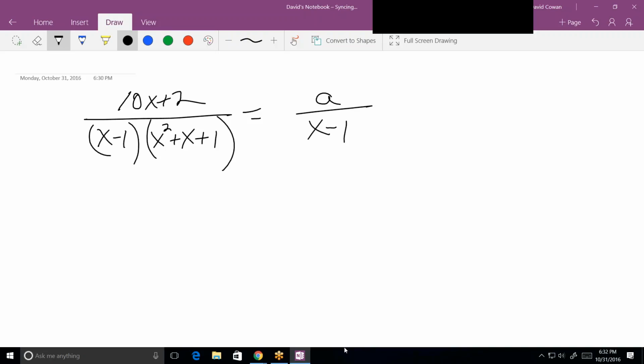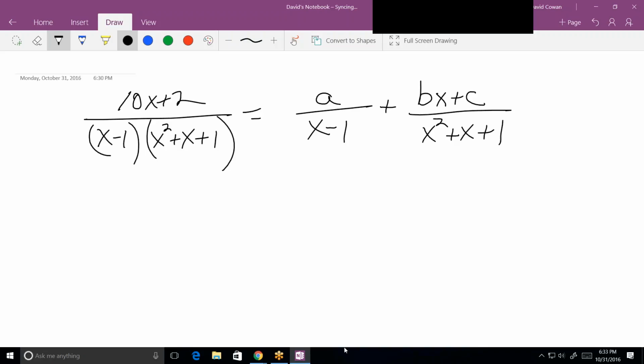What's the rest of it? Plus (Bx plus C) over (x squared plus x plus 1). Correct. Whenever you have an irreducible quadratic, you need the x and the C in the numerator.